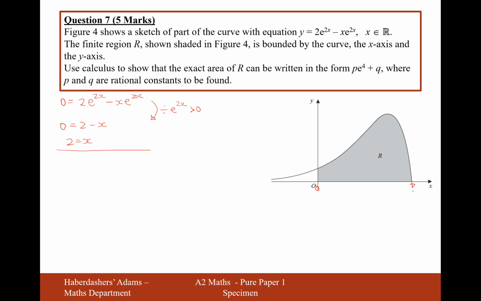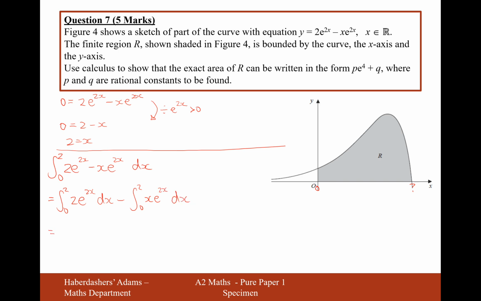So therefore I'm now going to start integrating 2 to 0 of 2e to the 2x minus xe to the 2x. Now, one of these expressions is going to be much easier to integrate than the other. So I'll start to split them up. The integral from 2 to 0 of 2e to the 2x dx minus the integral from 2 to 0 of xe to the 2x dx.